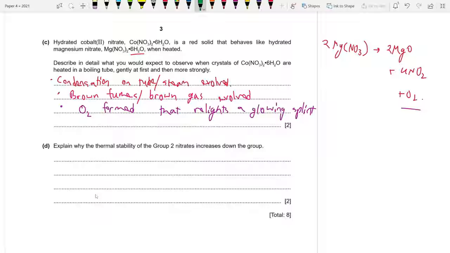But since they told us that cobalt nitrate behaves like magnesium nitrate, it would give us the same observation. So the solid, that means cobalt nitrate, which turned to cobalt oxide, would then dissolve. Solid dissolves, or we could say that it turns to liquid.